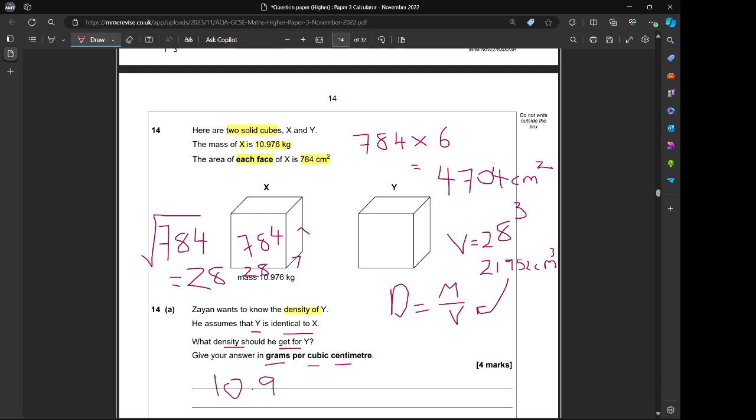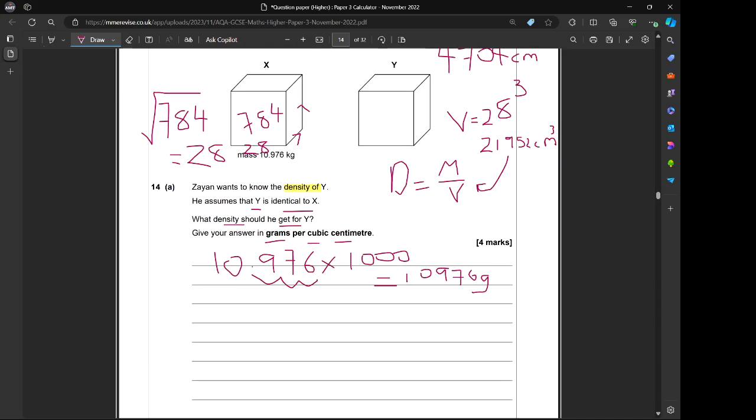So it is going to move 1, 2, and 3 places. So it is going to be 10,976 grams. So always, guys, always check your units here in the exam.